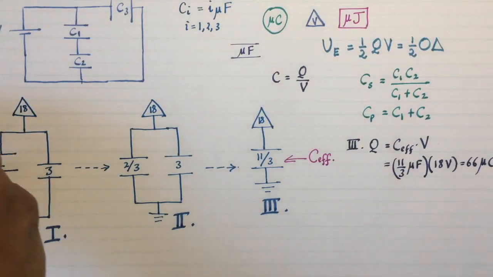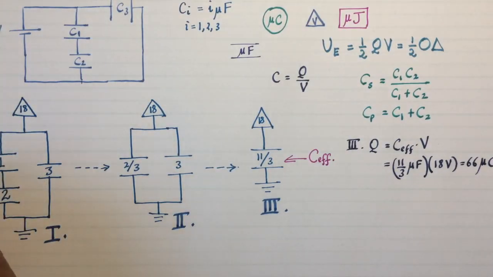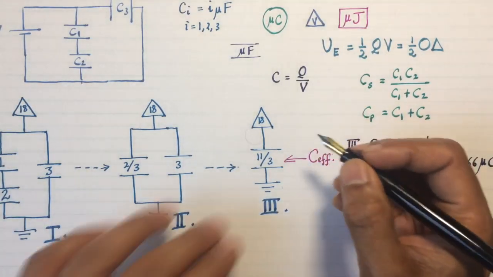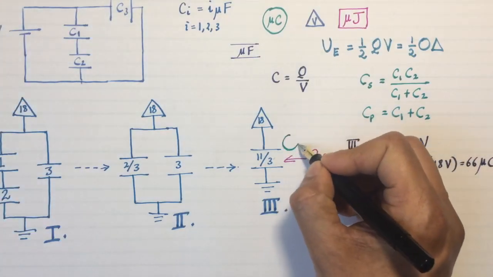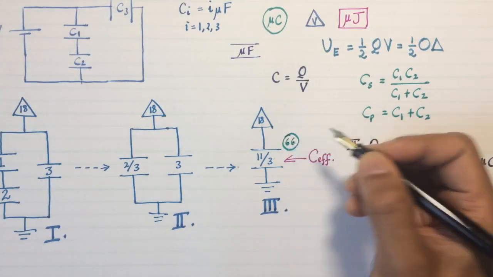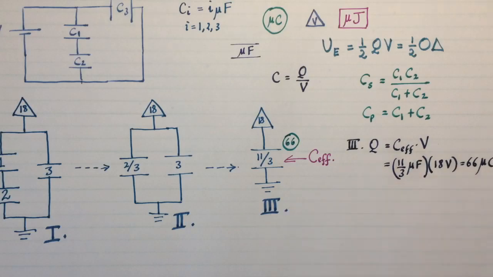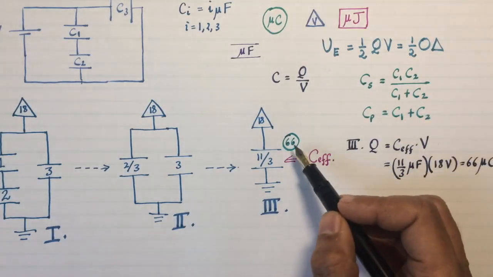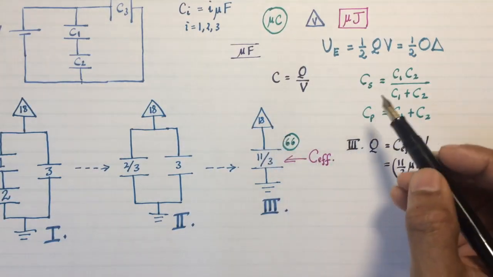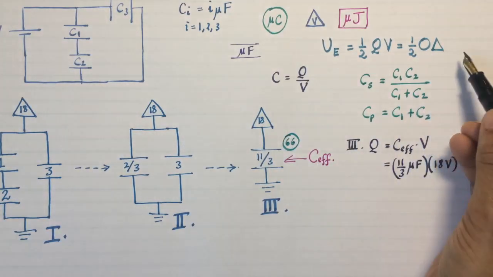Well, that's nice. So what I'll do is I'll immediately put my 66 here. Okay. What else can I do? Well, I guess I can find the energy because I have a circle and a triangle. So 1/2 circle times triangle is the energy.